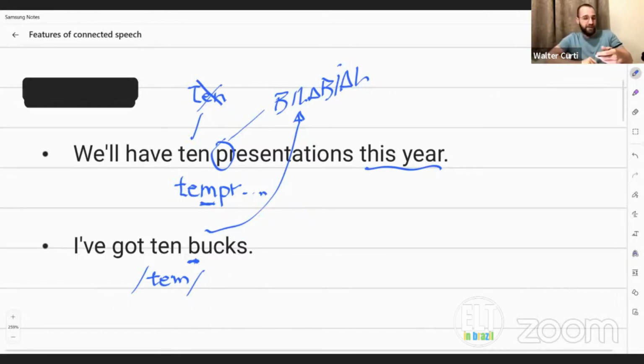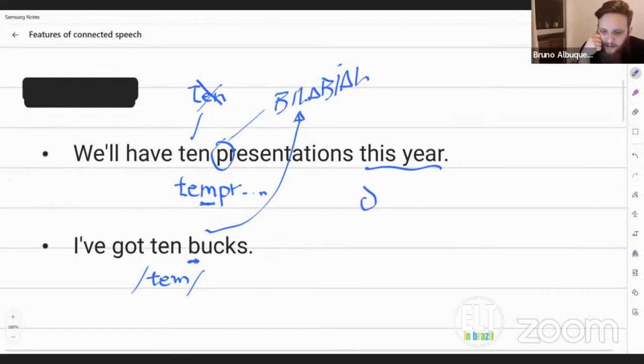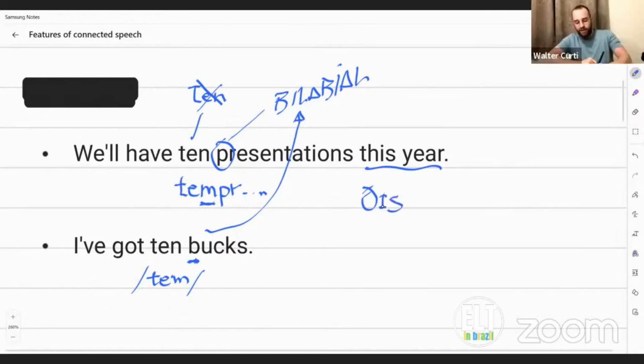So if you get the word this, you would have it's an S sound, right, Bruno? This. Yes. This. Sorry. This, and then you have ear there, right? But again, you're not going to pronounce this.